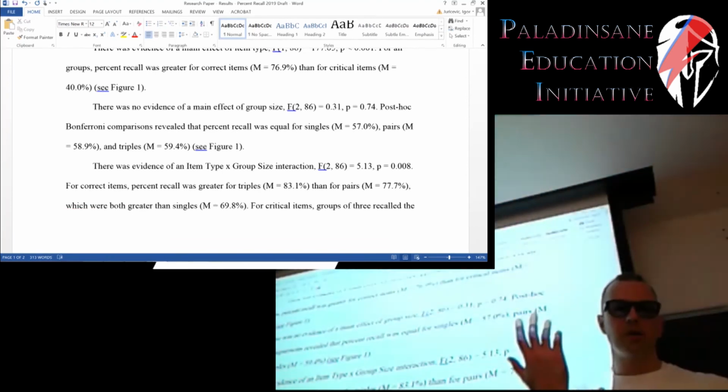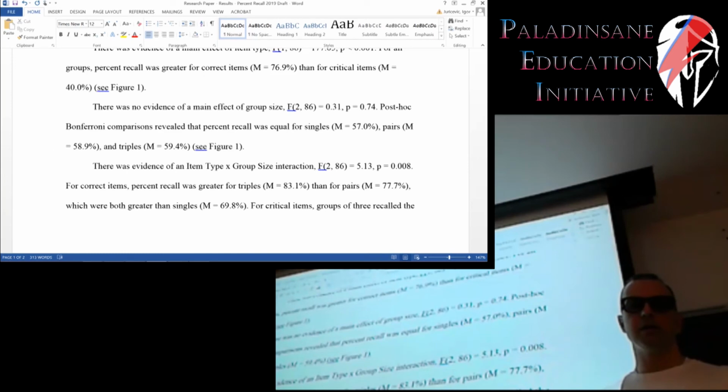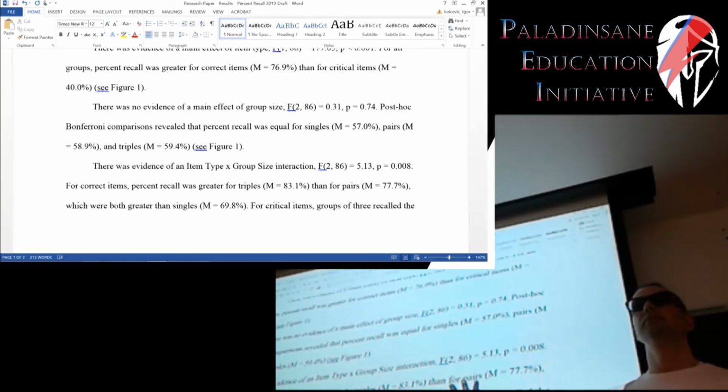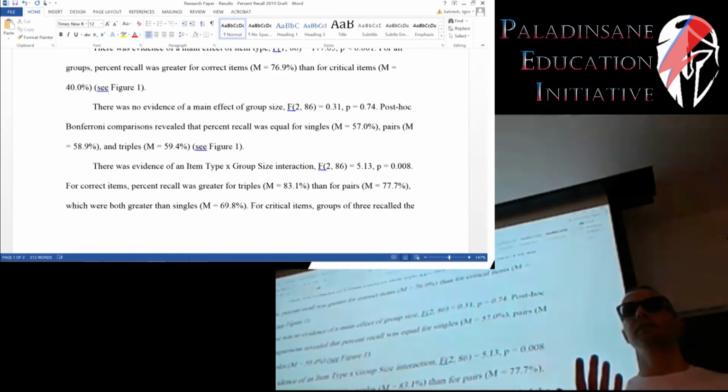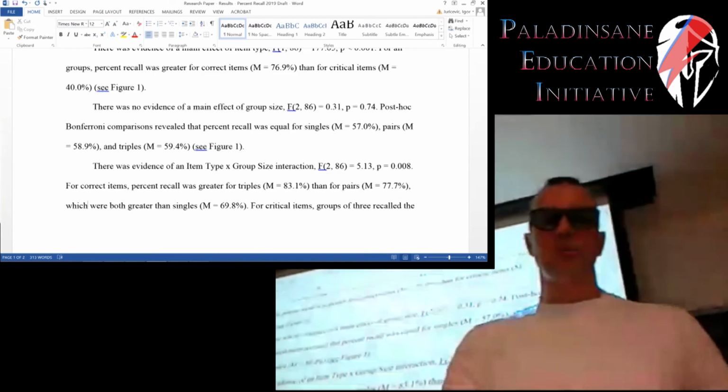All right, so percent recall was greater for triples than for pairs, which were both greater than singles. Any suggestions for that? Or is that good? Yeah, seems pretty good to me.